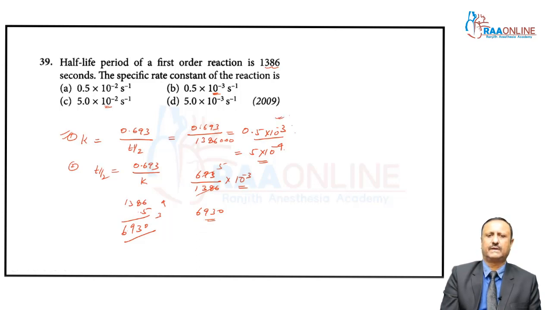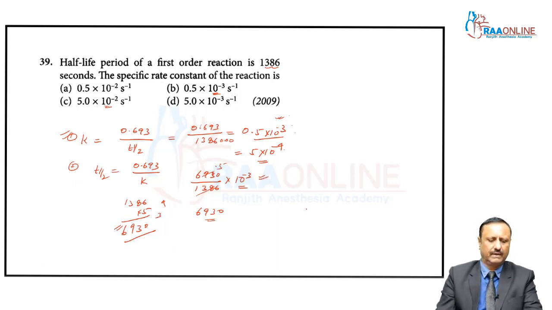When 1386 is multiplied by 5, you get 6930. So 0.5 into 10 to the minus 3, because you put the 10, is the answer. In this way you can calculate, simple calculations there.